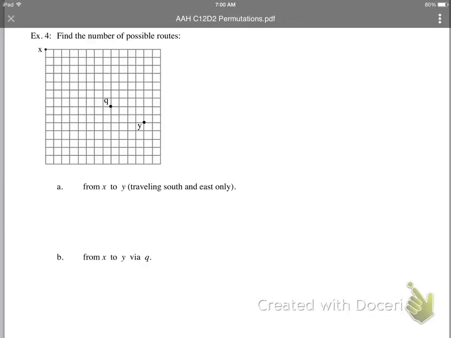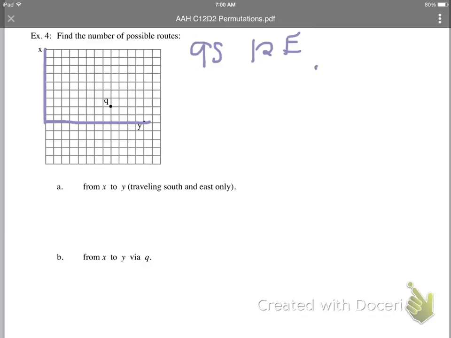What I like to do is think of this as going 1, 2, 3, 4, 5, 6, 7, 8, 9 south, and 1, 2, 3, 4, 5, 6, 7, 8, 9, 10, 11, 12 east. So 9 south, 12 east. We could think of that as a word with 9 S's and 12 E's.